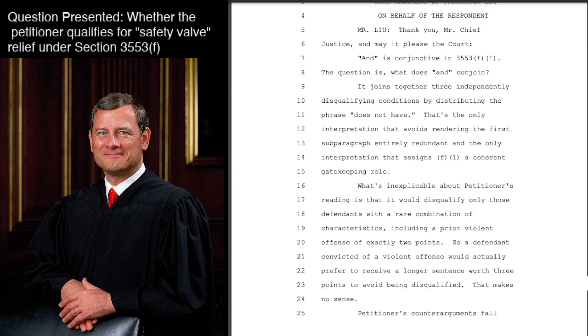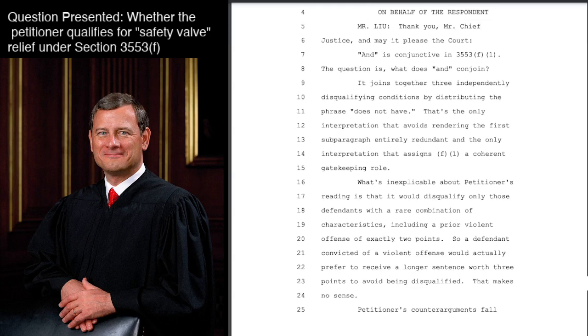What's inexplicable about petitioner's reading is that it would disqualify only those defendants with a rare combination of characteristics, including a prior violent offense of exactly 2 points. So a defendant convicted of a violent offense would actually prefer to receive a longer sentence worth 3 points to avoid being disqualified. That makes no sense.